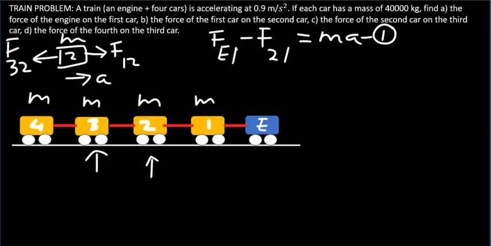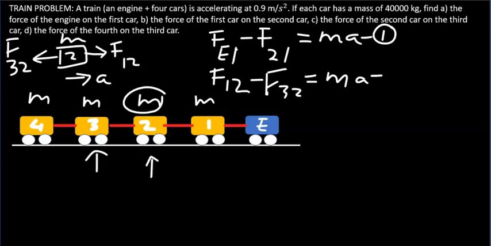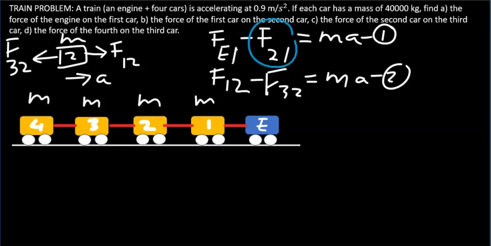Applying Newton's second law on car 2, we get F12 − F32 = ma, because the mass of car 2 is also m, and that is equation 2. We note here that the force on 1 due to 2 is the same as the force on 2 due to 1. So these two terms must be the same. If they are not the same, this link would break.